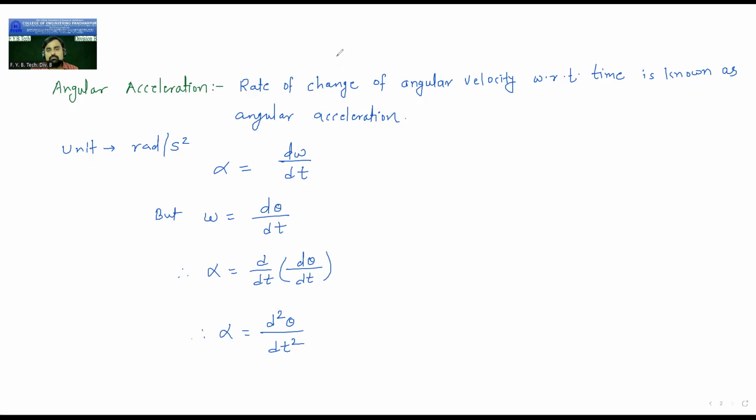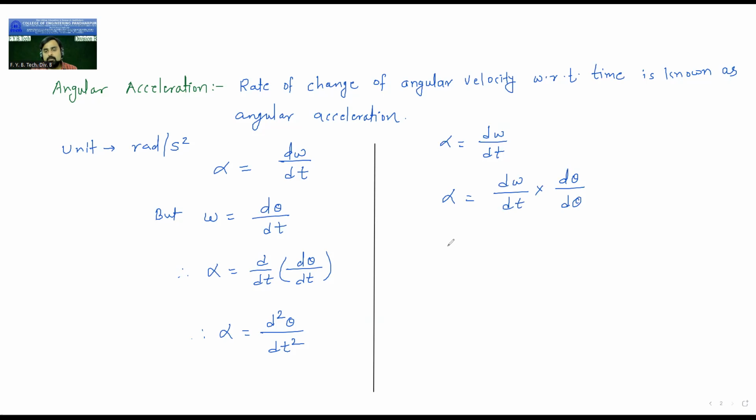Also, here now alpha is equal to d omega by dt. So multiply and divide by d theta. Alpha is equal to d omega by dt into d theta by d theta.